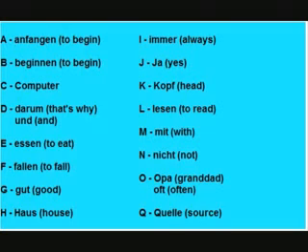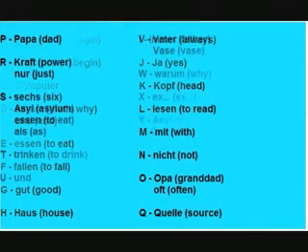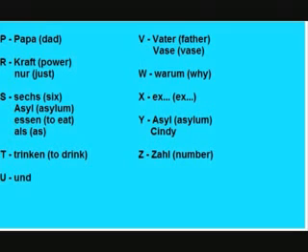The P is pronounced like P, like in Papa. The Q is always spelled with QU, like in English, and it's pronounced like kv, like in Quelle, which means source.